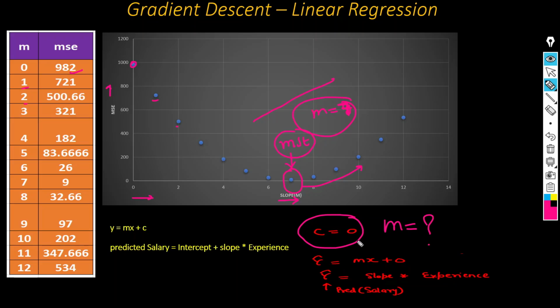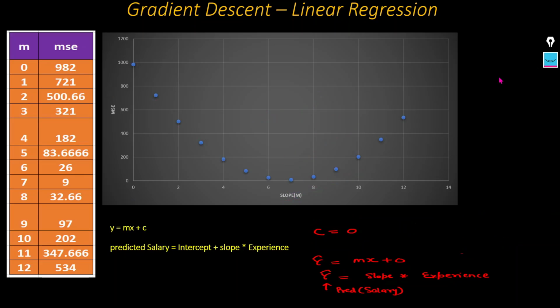But in the real world we have to calculate both c and m values so that we can draw the best fit line. So now the question comes, what is the role of gradient descent here? Gradient descent also uses the same technique. By using gradient descent, we have to calculate both c and m values.